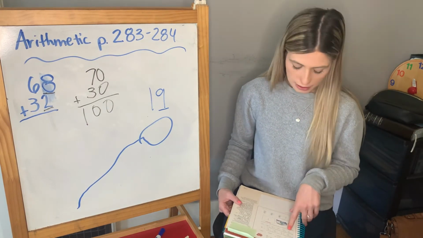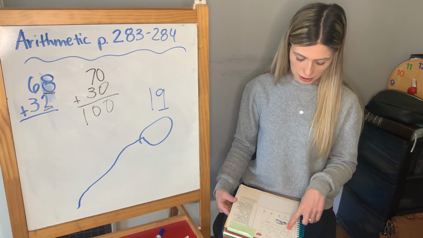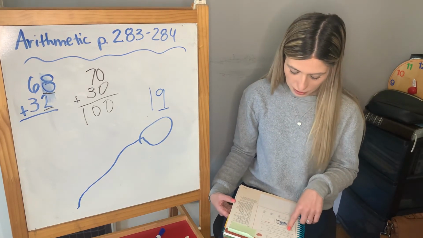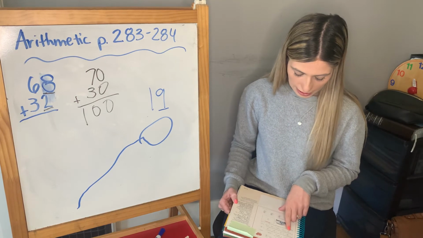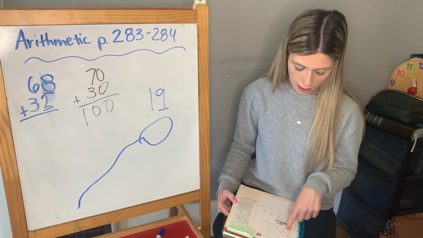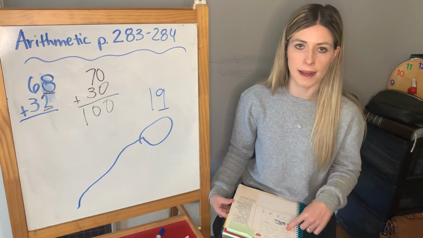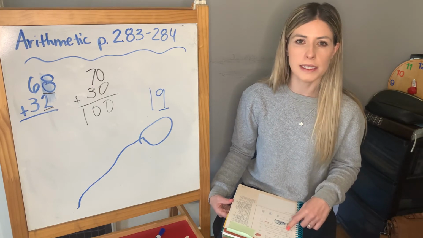Section 4 says write the answers to the combination your teacher says. Listen carefully as I read these combinations. A, 4 times 5. Write down the answer on the line.